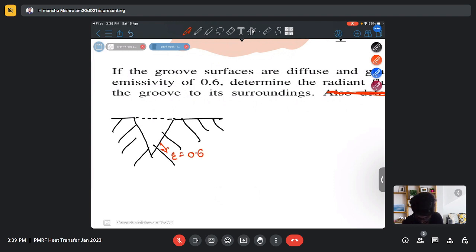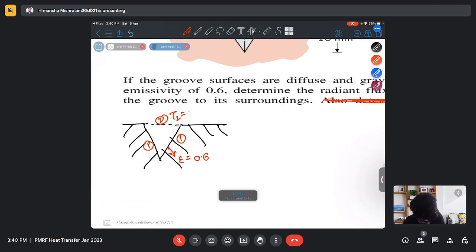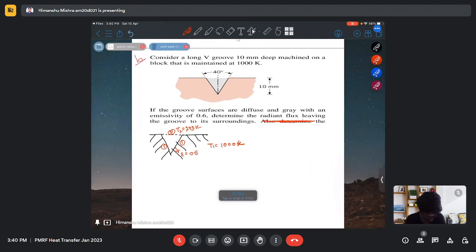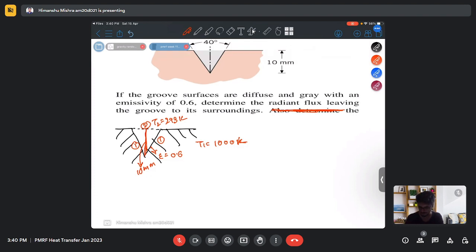Let's say this is my surface 1, and my imaginary surface is 2, and we can assign some temperature to it, normal air temperature which is around 293 Kelvin, and the temperature of surface 1 is 1000 Kelvin, and the total length of the groove is 10 mm.